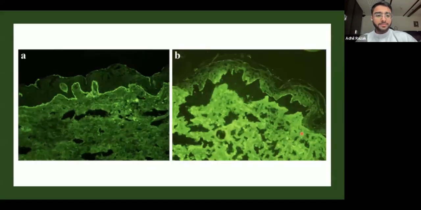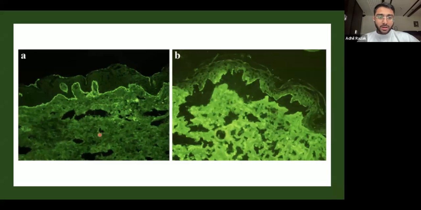bullous pemphigoid. This is the immunofluorescence image that was discussed in the question. The darker layer here is the epidermis, and the relatively lighter layer here is the dermis, and the autoantibody deposition happens in between them.